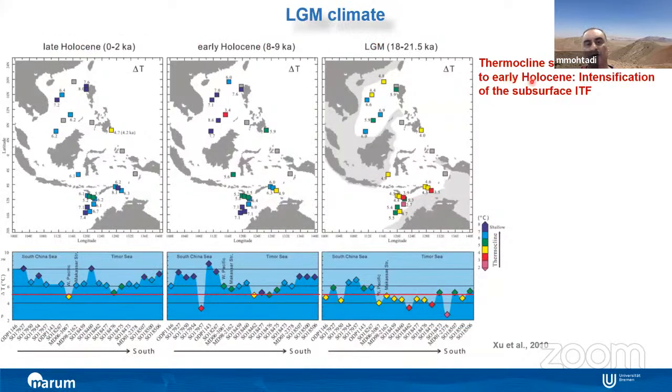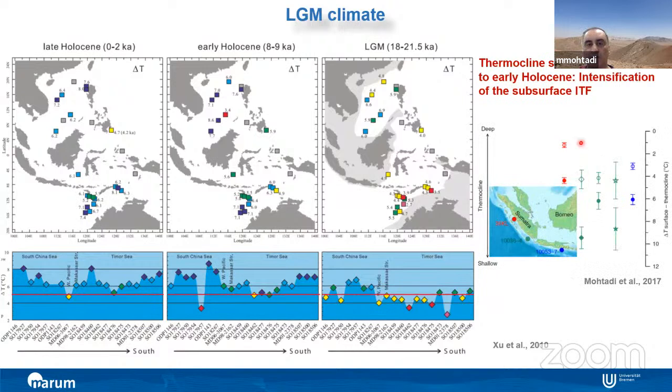And they inferred that the thermocline shoaled from LGM to early Holocene, and they related it to the intensification of the ITF. That is probably, most probably true, but we see this also showing in regions that have no business with the ITF, like here west of Sumatra.